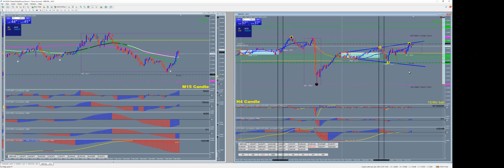And the pound yen is just slogging lower. Already dropped 40 pips.